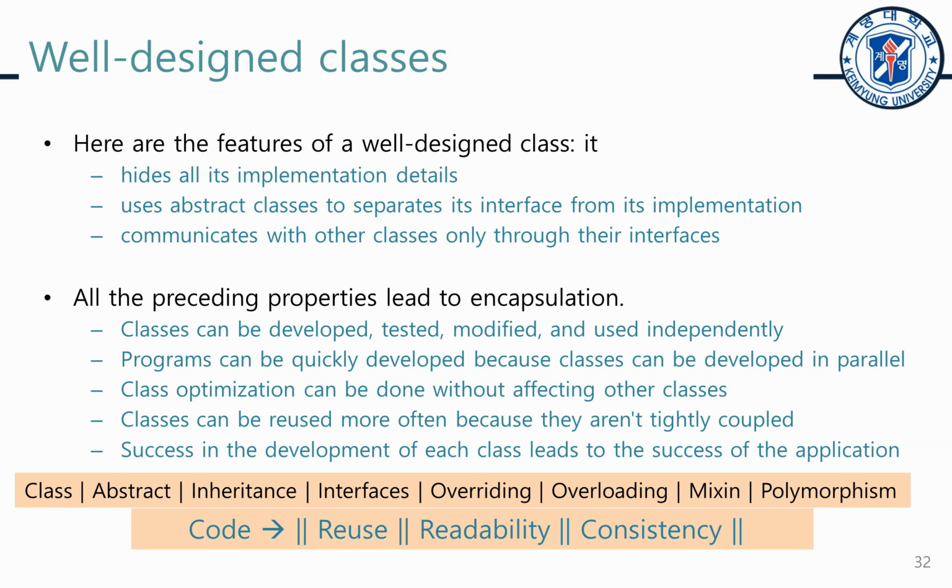Okay, here are the features of a well-designed class. It hides all implementation details. That means all variables of your class can be accessed via methods, or via public interfaces in this case.